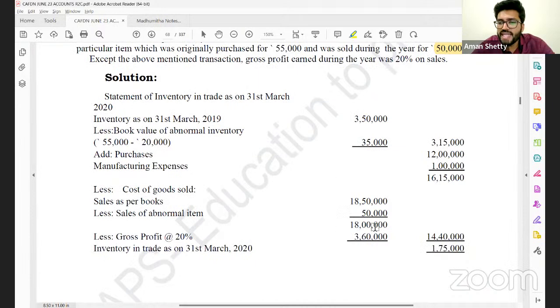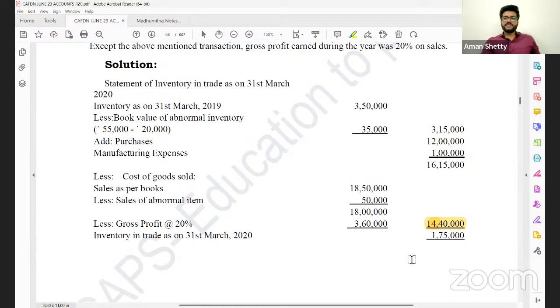Therefore, normal sales is 18 lakh. From this, you minus gross profit at 20%. What you get is the cost of sales, and then inventory in trade as on 31st March 2020 is the balancing differential amount, 1,75,000.